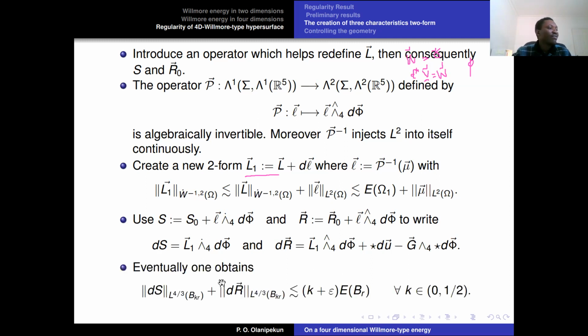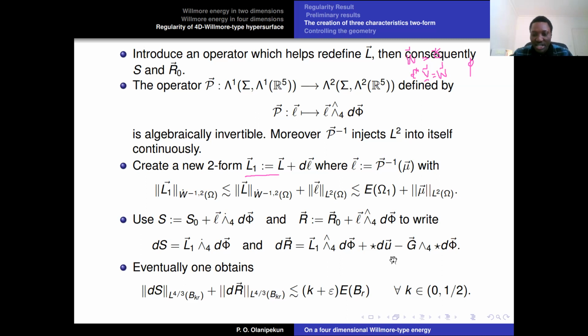After doing some work, we were able to bound S and R in L4/3, and this is the bound that we have of those two quantities.